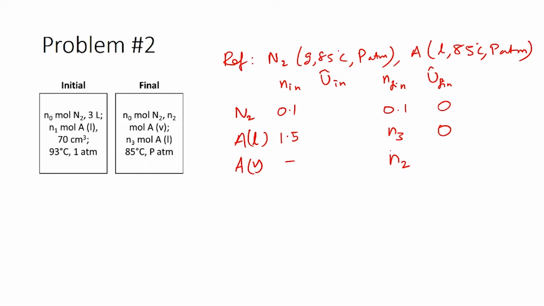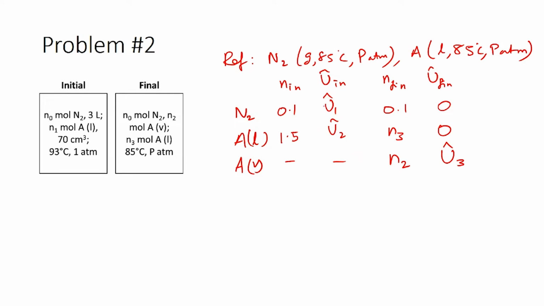However, the final condition for A vapor would have an internal energy that needs to be calculated, and similarly you would have internal energies for these two terms that have to be calculated. So, we are calling them U1 cap, U2 cap and U3 cap.